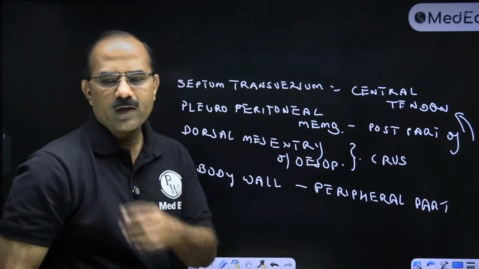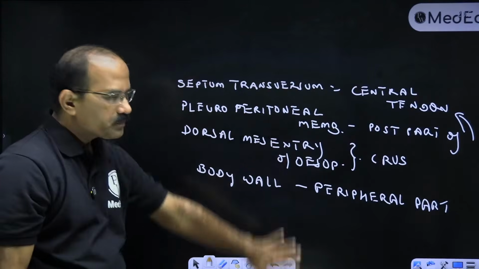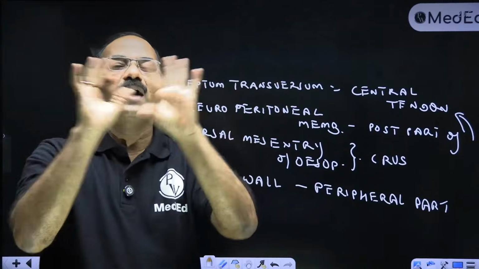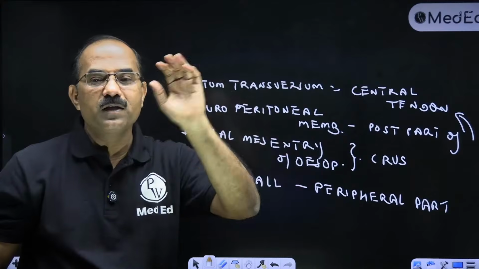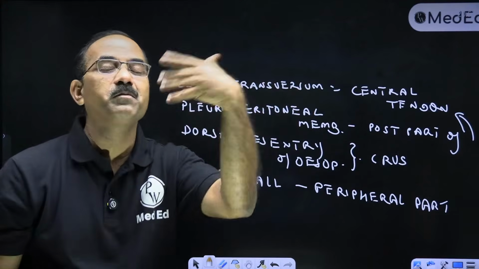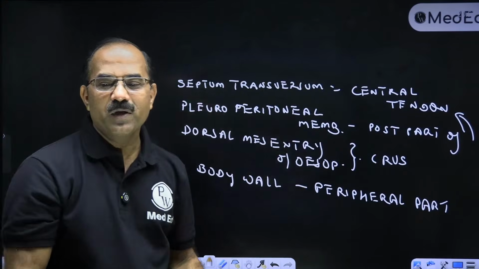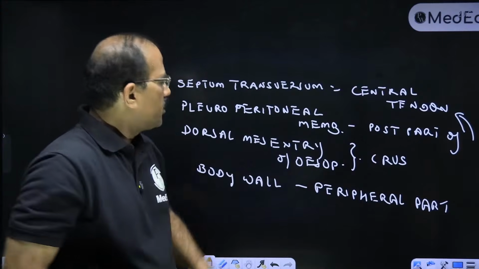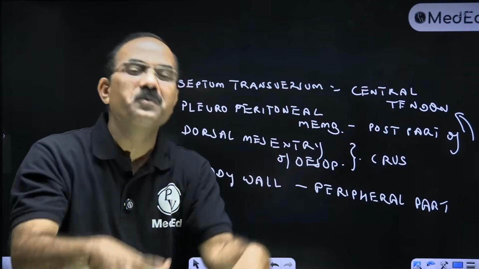So the peripheral part of the diaphragm is derived from body wall, and that is why the peripheral part of the diaphragm is supplied by what? Anyone? Intercostal nerves, because the body wall contributes to the formation of diaphragm.